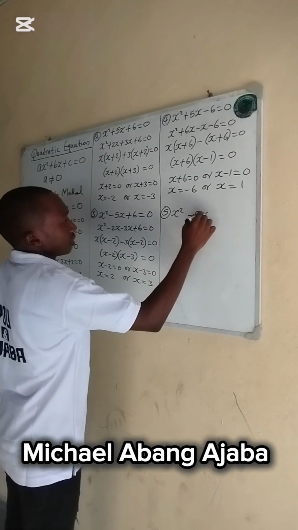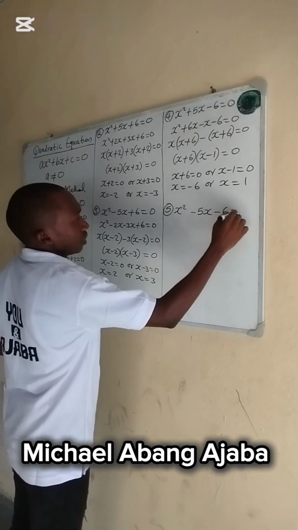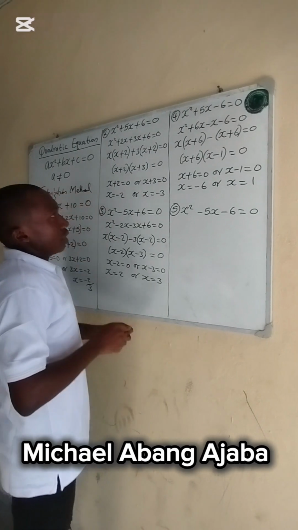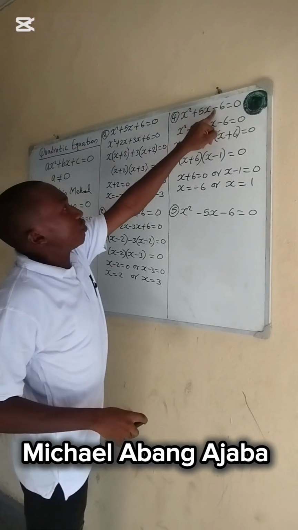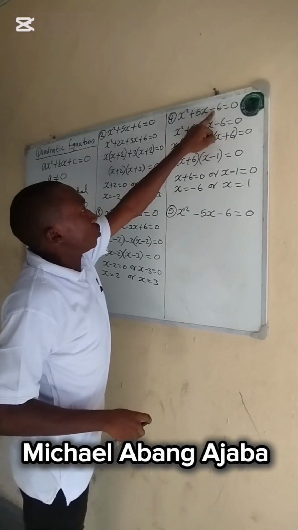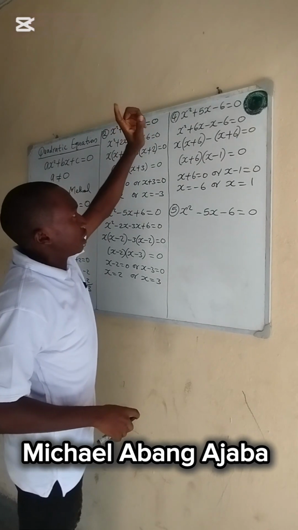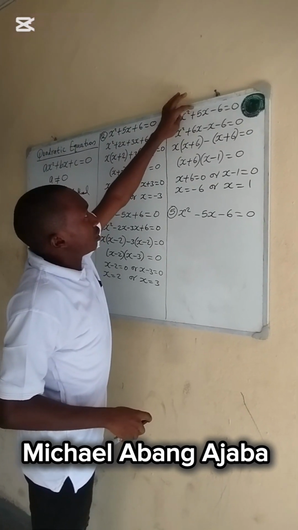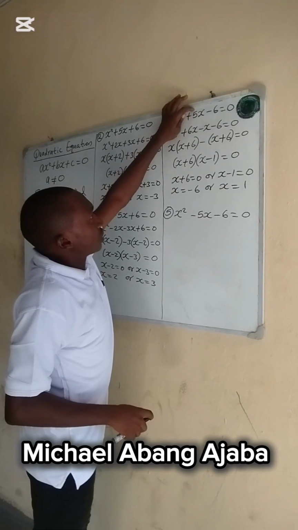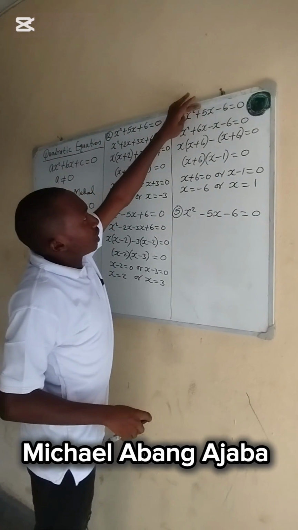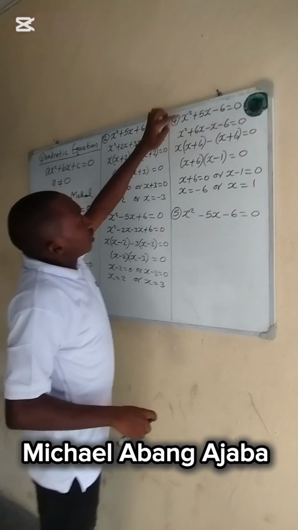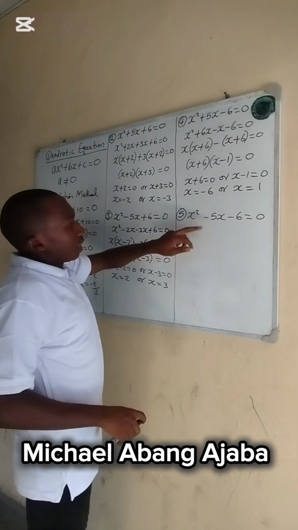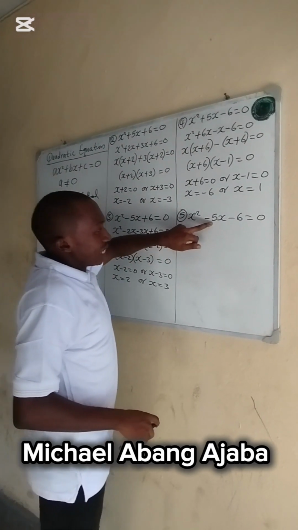X squared minus 5x minus 6 equal to 0. Remember here I say if this is negative, the two numbers are going to carry two different signs depending on which side the middle term is carrying. The middle term there is positive, the bigger number is positive.